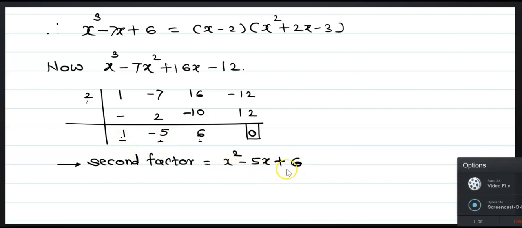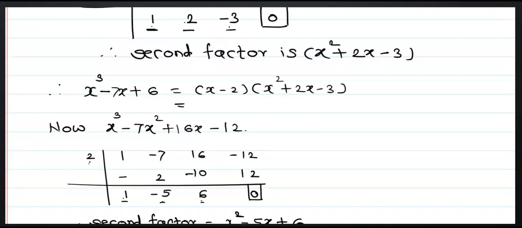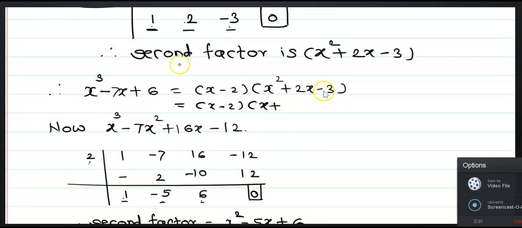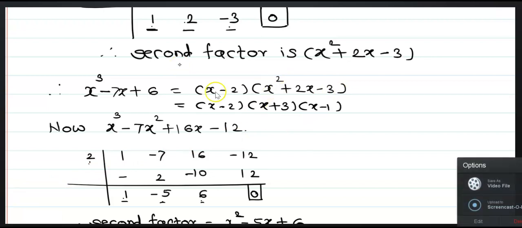Again, we can factorize this. What are the factors? In the bracket x minus 2, in the second bracket x minus 3. This is a simple quadratic polynomial. Also, I am writing the factors of x square plus 2x minus 3 here. These are the factors.